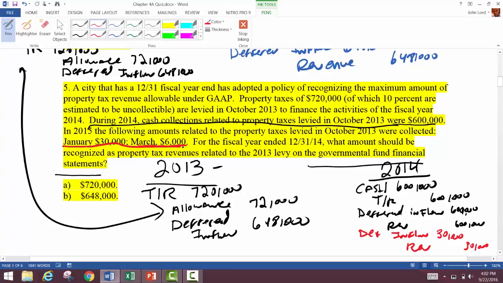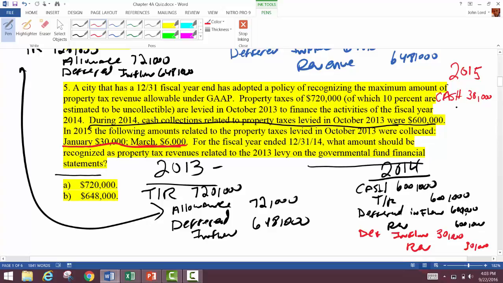How about the March amount? The March amount is not going to meet the 60 days, right? So what's going to happen in 2015 now? In 2015, is more cash going to come in? So I'm going to debit cash for the 30,000 in January.